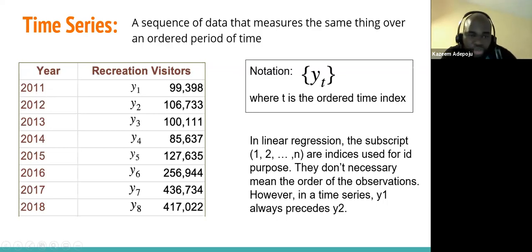So 2011 precedes 2012 and 2012 succeeds 2011. Y2 succeeds Y1, and Y1 precedes Y2. That's exactly what we're talking about. So in time series analysis, ordering is very, very important, because naturally time is ordered.